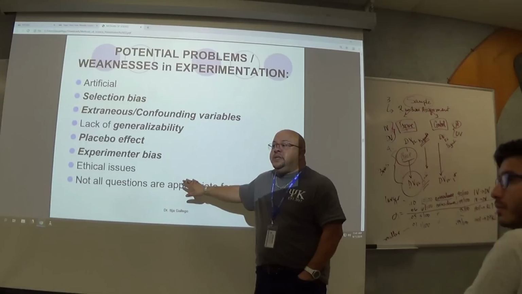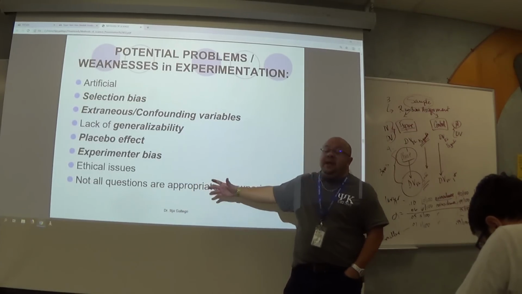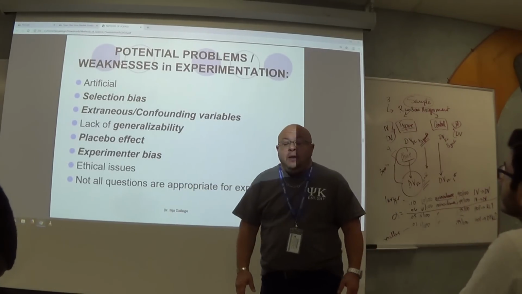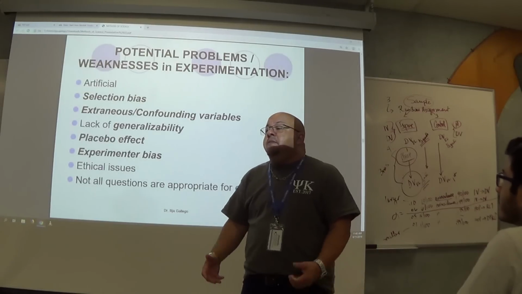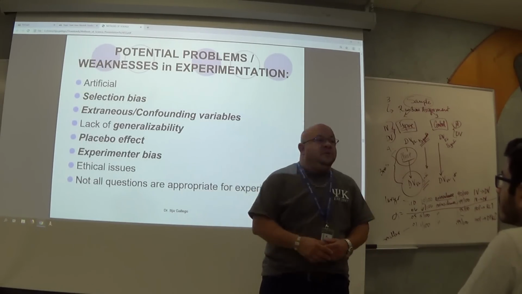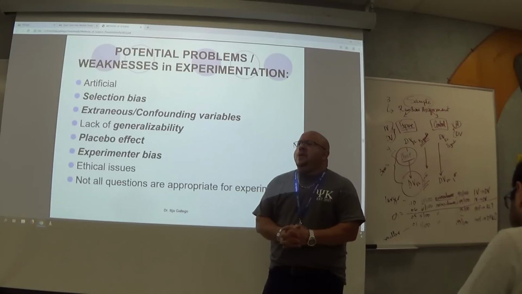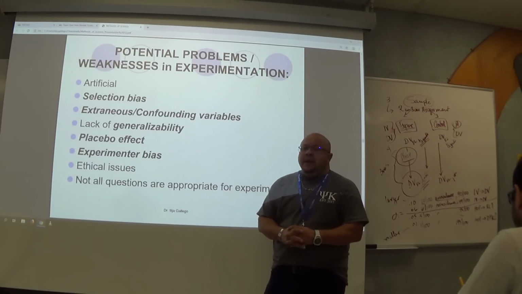Alright, not all questions are appropriate for an experiment. Some for ethical reasons, right? And others, which I'll come back to, well, I'll do that now. So I think we talked about if we wanted to know if being abused as a child, let's say physical abuse as a child, makes people more likely to have low self-esteem as adults, right?